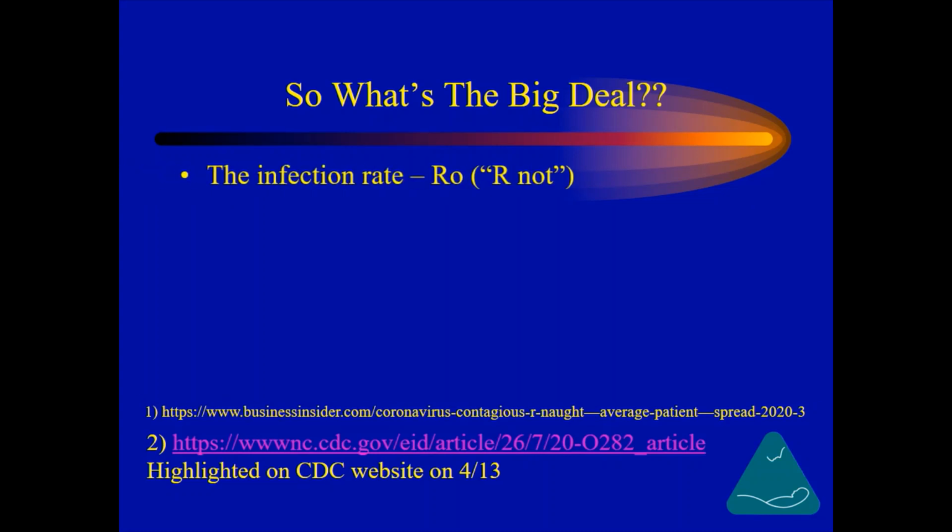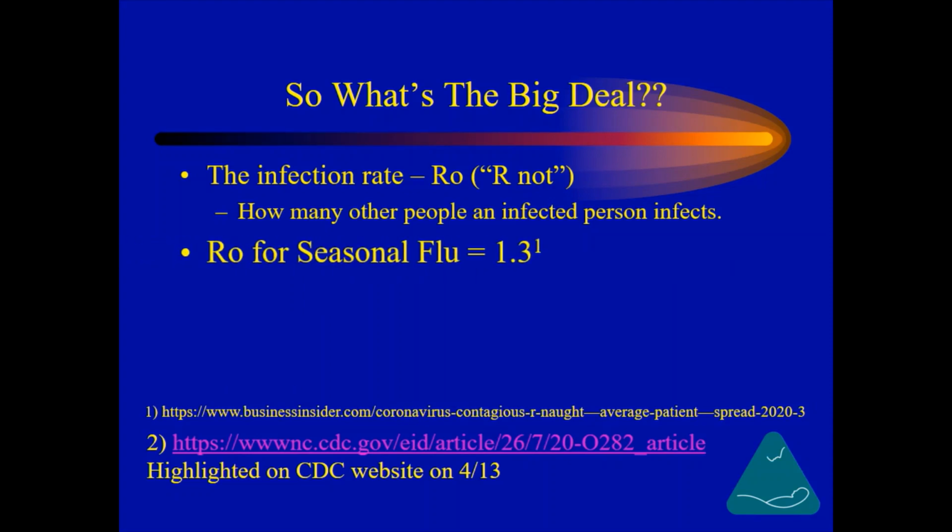Well, that's a good question. And it comes down to this issue, the infection rate, or what is called R naught. R naught represents how many other people an infected person infects. So the R naught for the seasonal flu is about 1.3, meaning that when you catch the flu, you're going to infect about 1.3 other people on average.